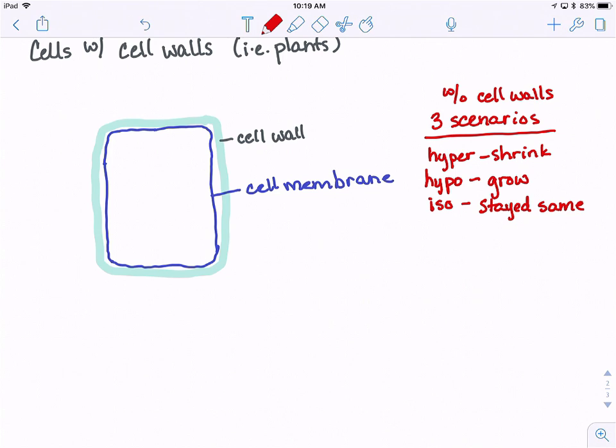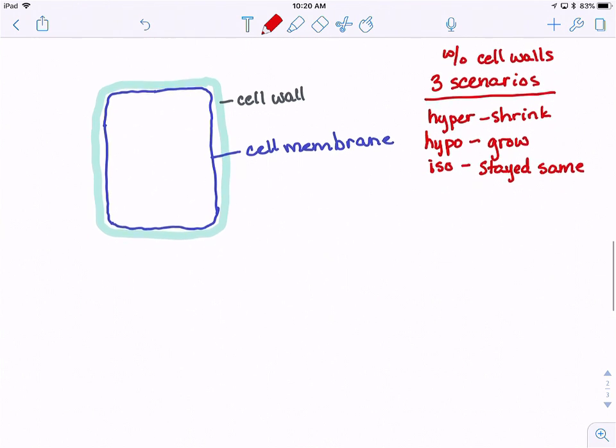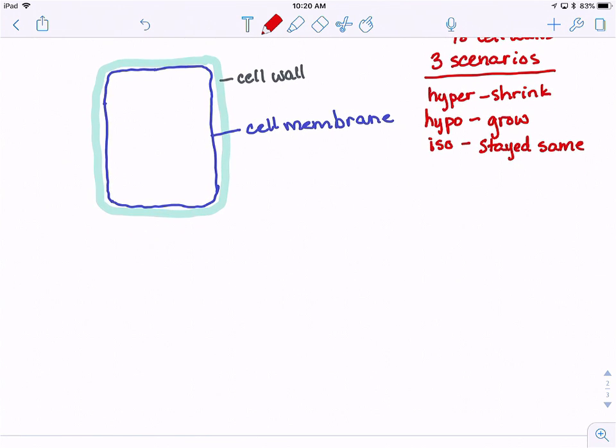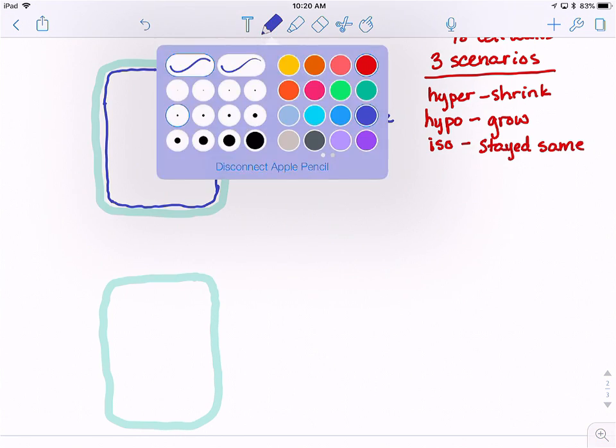What we see in cells with cell walls in a hypertonic solution is that the water is leaving the cell. The cell membrane pulls away from the cell wall. So this is hyper.